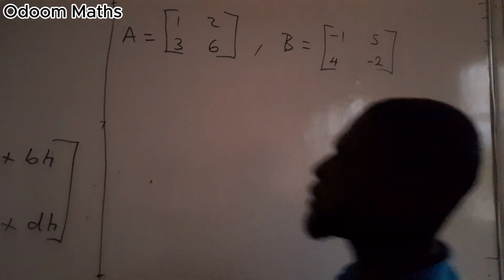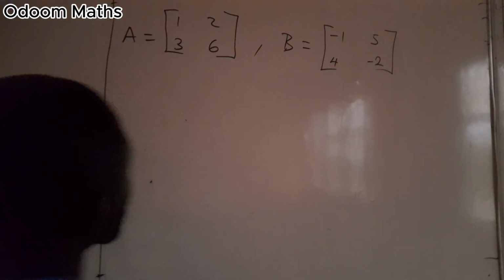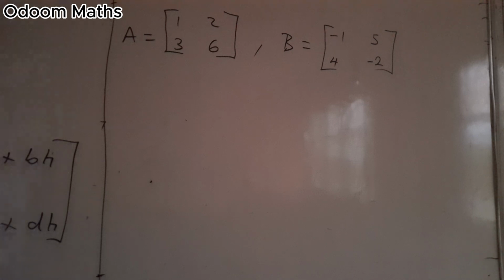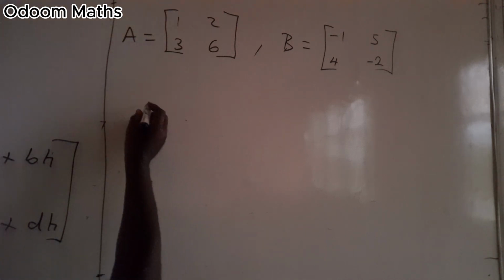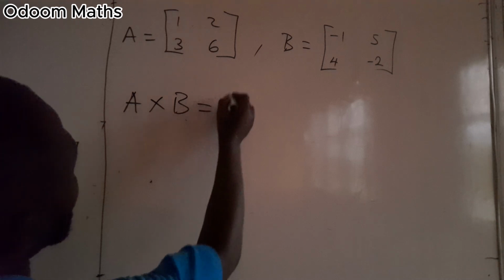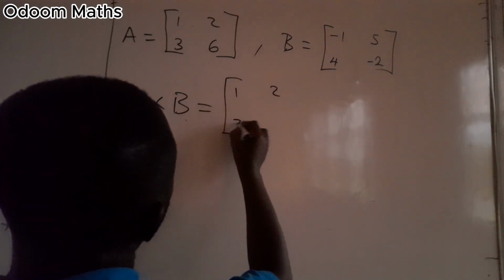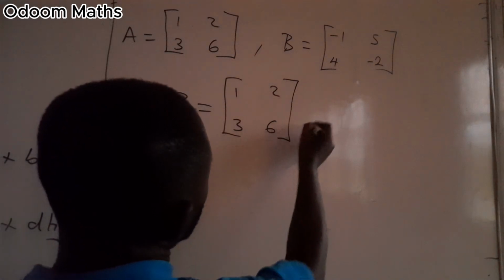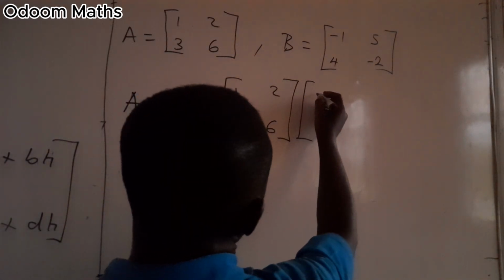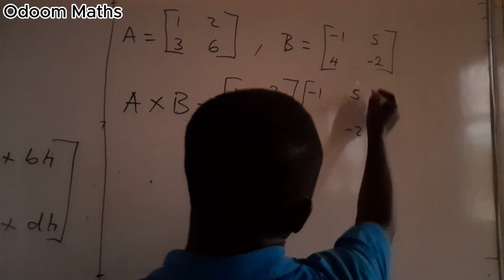Okay, so now let's look at these two matrices and how we are going to multiply them. We have A times B. A is 1, 2, 3, 6, and B is -1, 5, 4, -2.